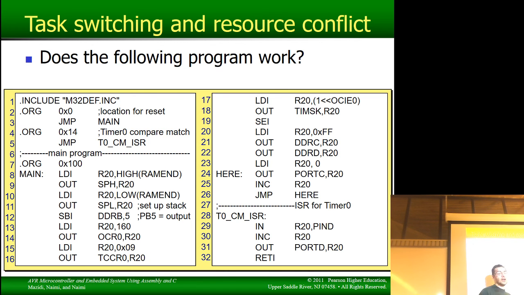But this is going to execute every 161 cycles, and it's going to increment port D. This one, every 4 or 5 cycles, is going to increment port C. Does it always return to the beginning of the main? No. So okay, that's a question. Does this always return back here somewhere? No, it's going to be in this loop. And just like the previous example, it'll finish this statement off, go up to the compare match interrupt vector, and then jump down here, and then it'll return to the next instruction.